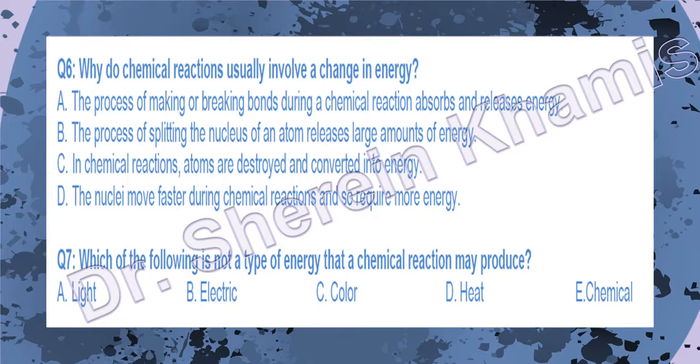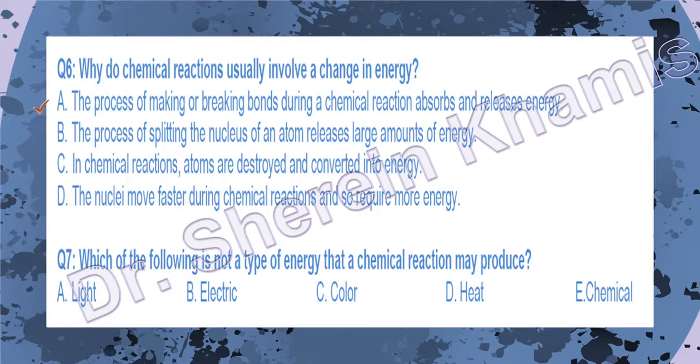What do you think will happen in the chemical reaction? I think the first one will be right: the process of making or breaking bonds during a chemical reaction absorbs and releases energy. We are talking about the bonds inside the molecules. We can't break down the nucleus.